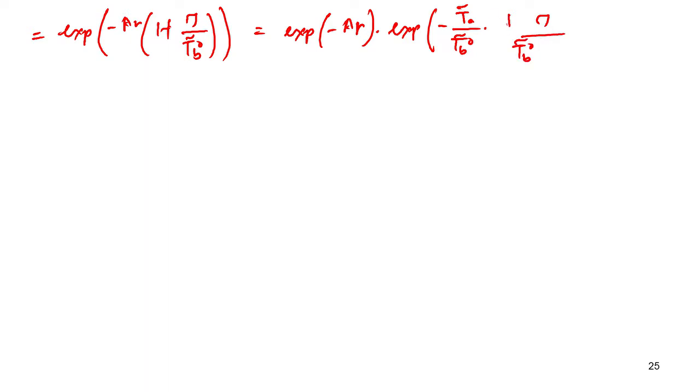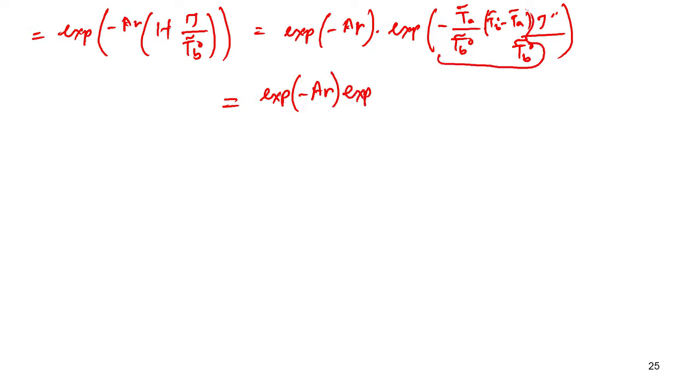Now, this is 1 of course, and we can replace the 1 by t_b0 minus t_a. And then you see this becomes exponential of minus Arrhenius number times exponential of minus, where this whole thing is nothing but the Zeldovich number, minus Zeldovich number times tau tilde.